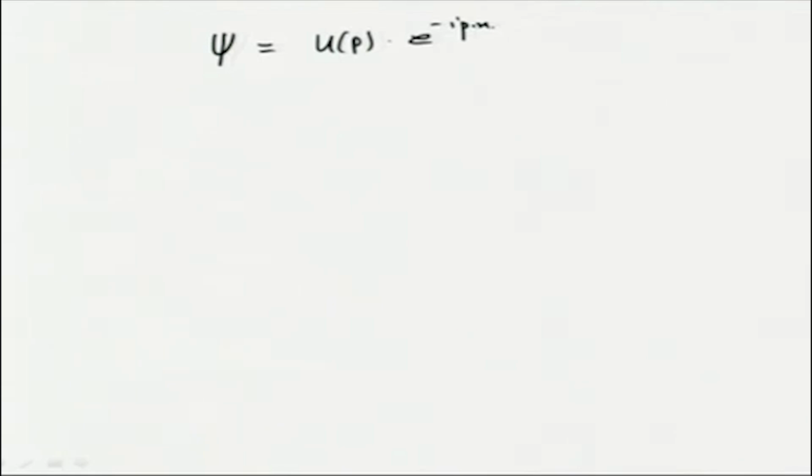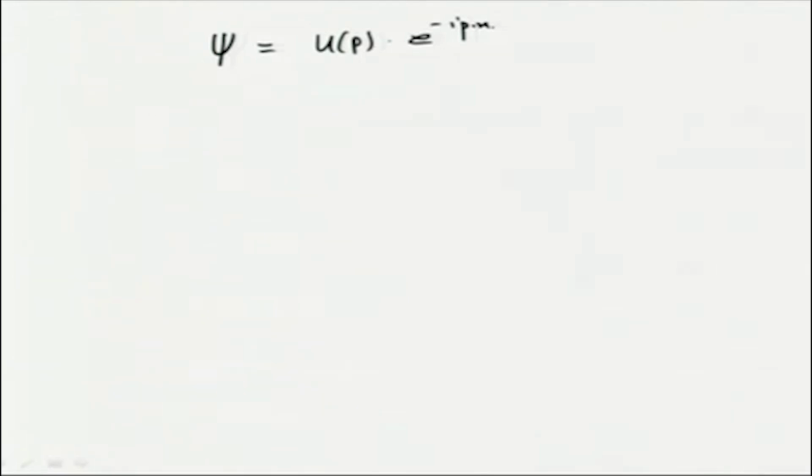P denotes the momentum of the particle. Now, remember that we have a column vector with 4 components, represented compactly as psi, and on the right hand side u should also therefore be a column vector with 4 components, whereas the exponential is just some normal function.